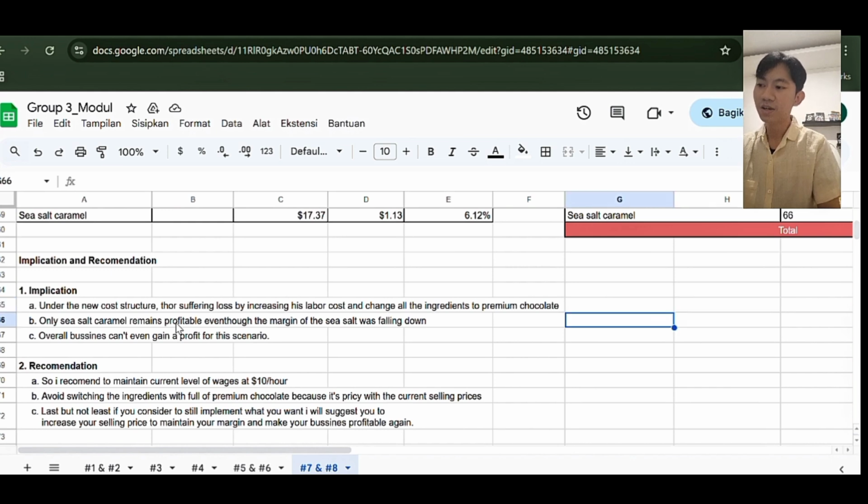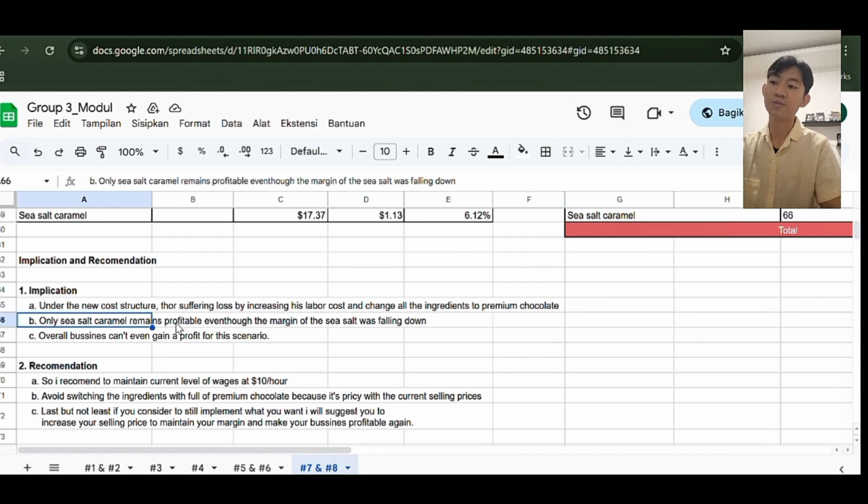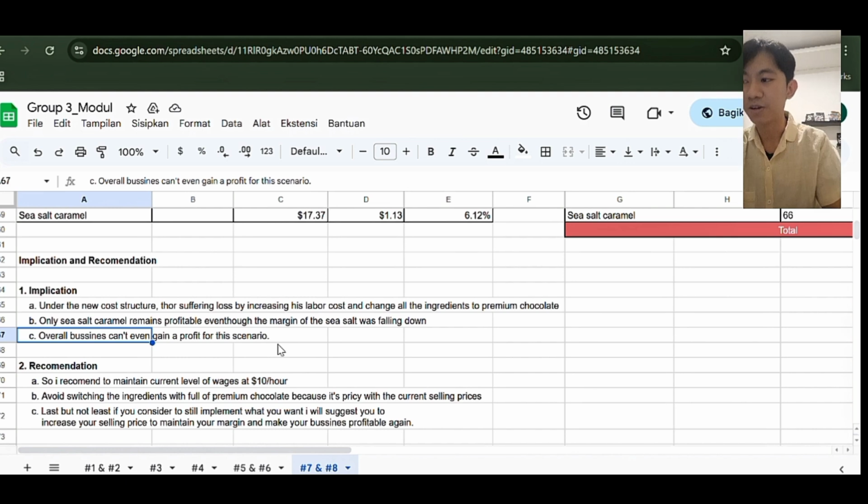B, only sea salt caramel is still profitable, even though its margin fell so much. And then C, the overall business cannot even gain a profit in this scenario. So it's a bad decision if this happens.